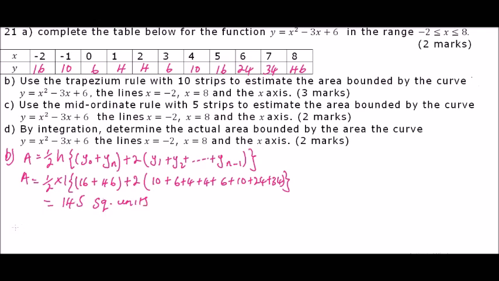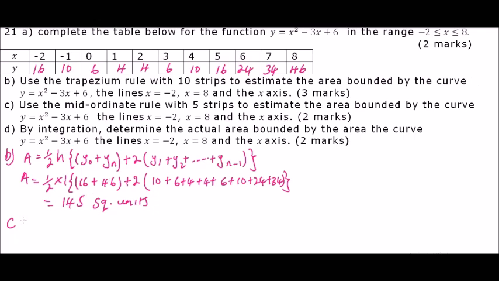We go to part C. Use the mid-ordinate rule with 5 stripes to estimate the area bounded by the curve y equals x squared minus 3x plus 6, the lines x equals minus 2, x equals 8, and the x-axis.